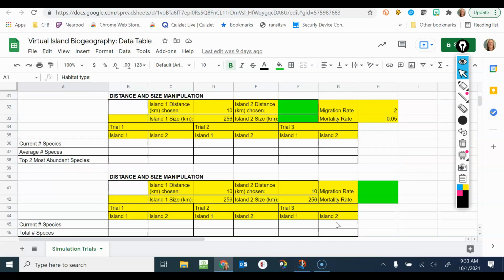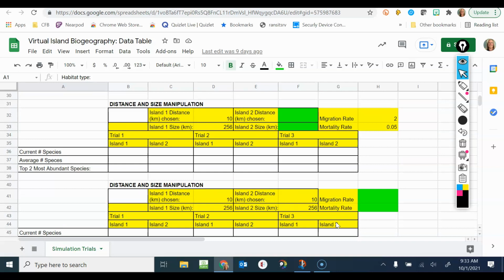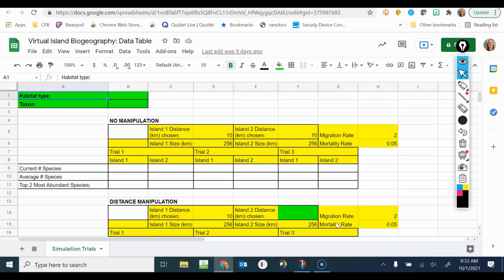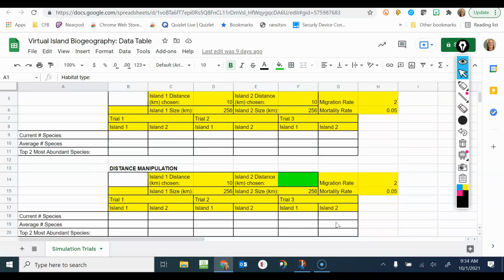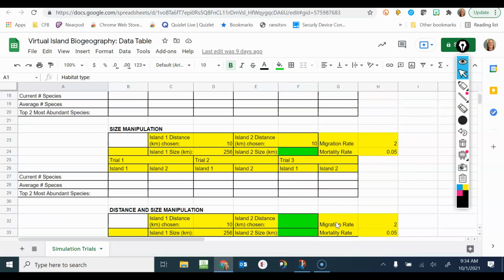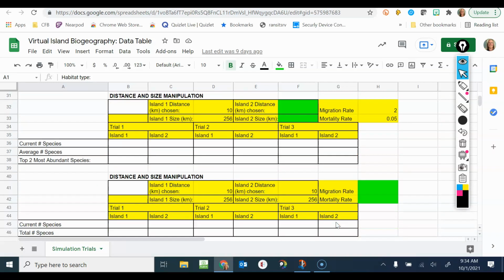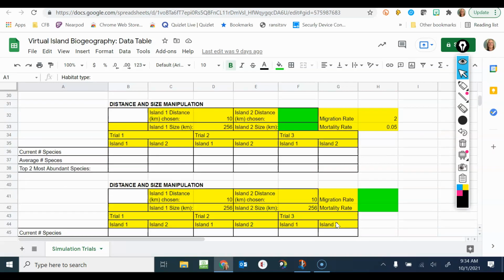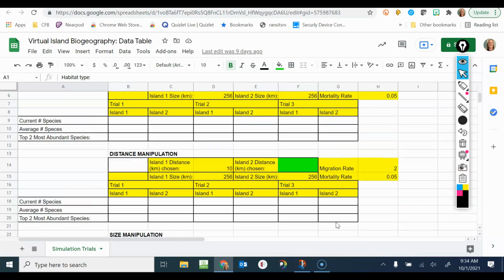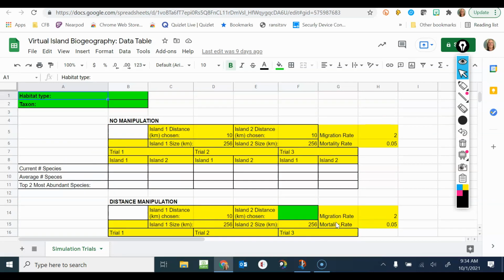And so that looks like you're going to be doing approximately 6 different manipulations here so that you can record your data. It looks like we had a lot going on here, and I went down to the bottom. It looks like you have no manipulation, a distance manipulation, a size manipulation, distance and size. It looks like you have a lot of manipulations you need to do.